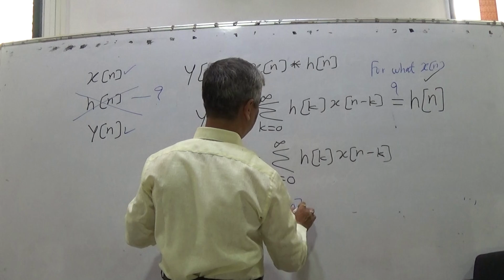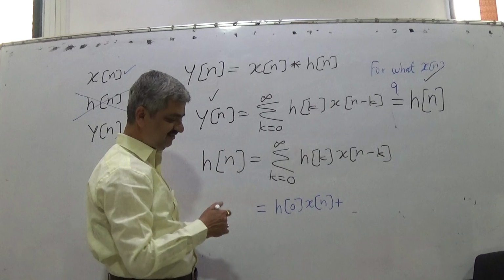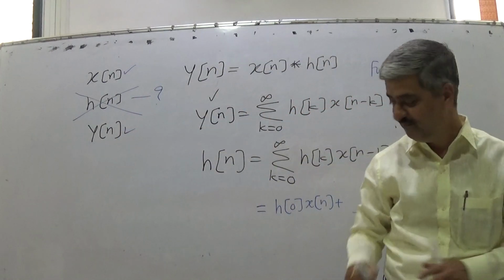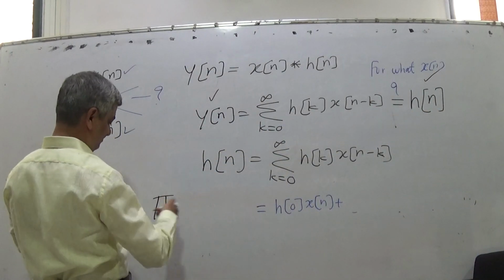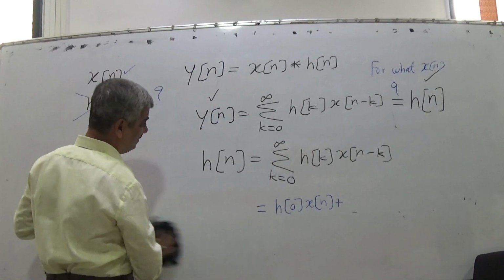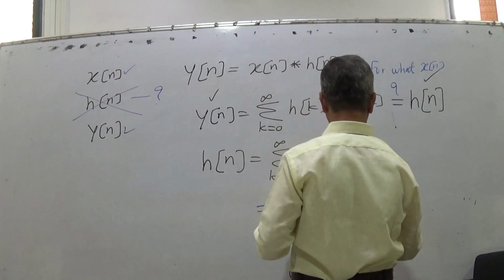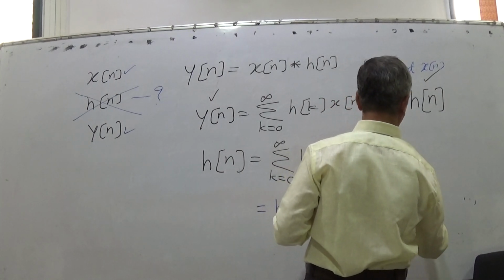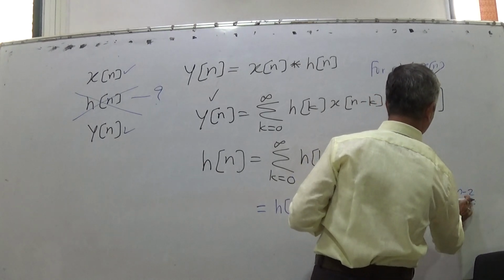h0 xn plus, so sometimes the mathematical jargon like summation, sigma, or multi-product, pi, makes me somewhat uncomfortable. So I write like this: h0 xn plus h1 x(n-1) plus h2 x(n-2) and so on.